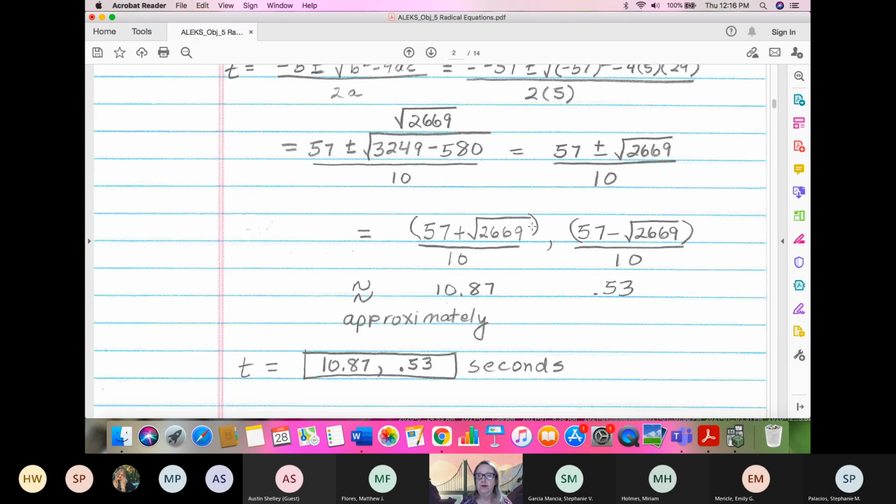And over here, we're just going to do the same one over again with the minus sign in the middle. So let's just do the negative one. And I'll go in and use the calculator to do the negative one. So let's do parenthesis 57 minus square root 2669 over 10.